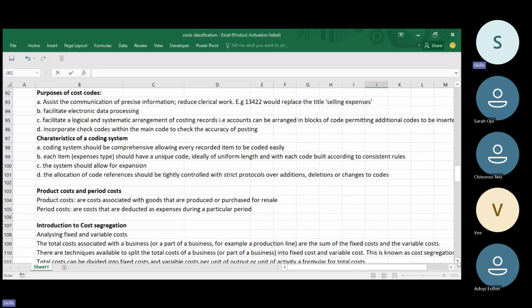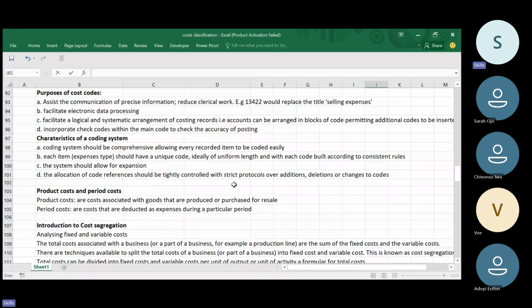Then the allocation of code references should be tightly controlled with strict protocols over additions, deletion, or changes to code. So you see, you put strict protocols so that unnecessary additions cannot be made, unnecessary deletions cannot be made, and changes without authorization.